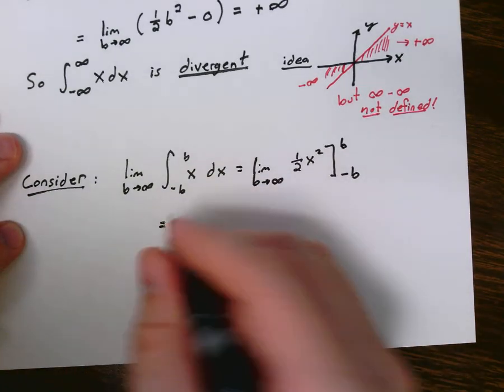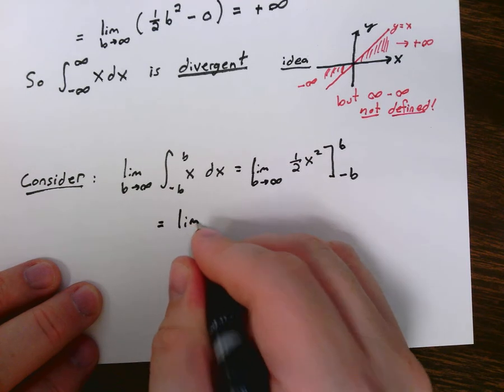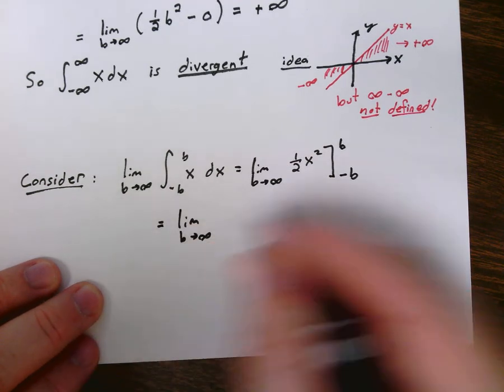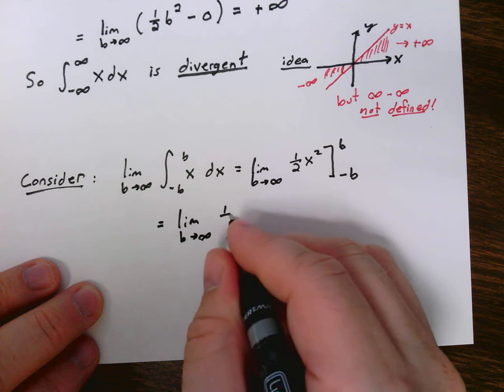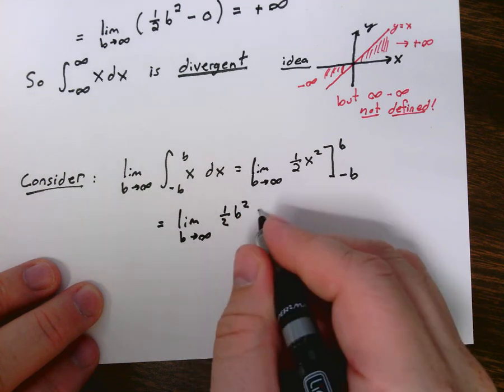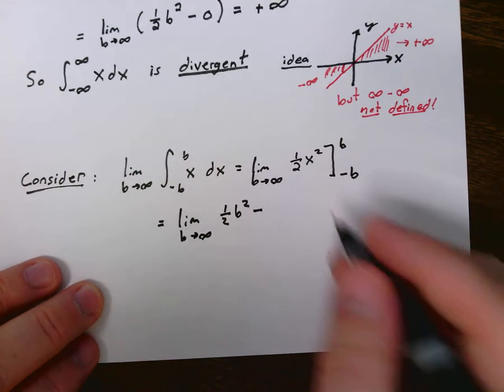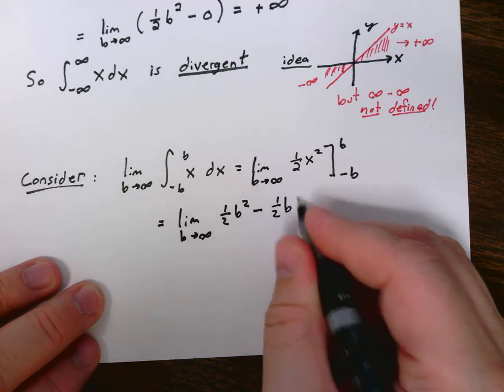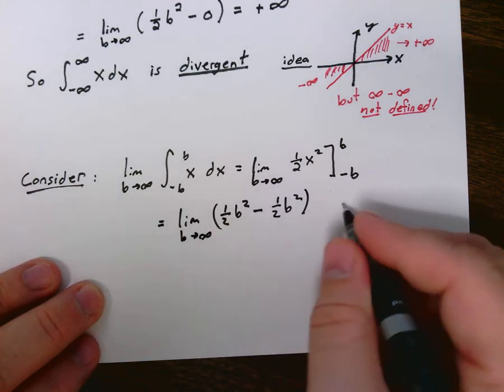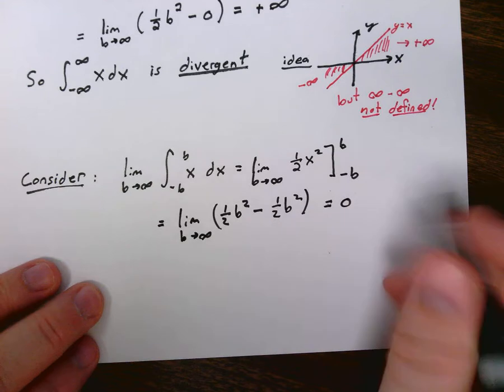And that's going to be 1/2 b squared minus, and then if I put in negative b and square it, I get the same thing. That's going to equal 0.